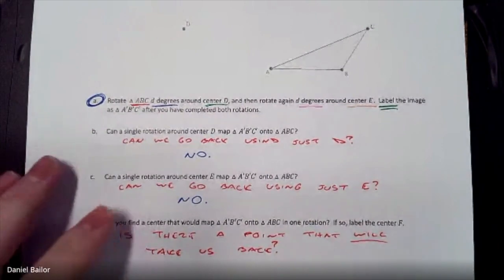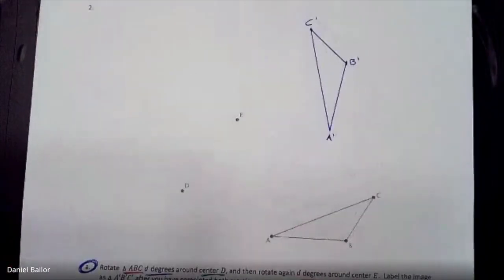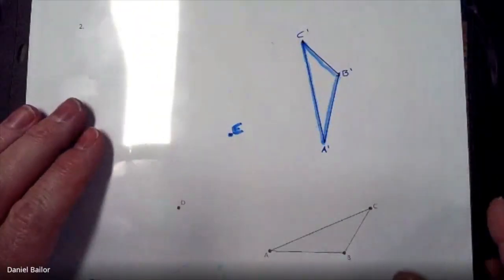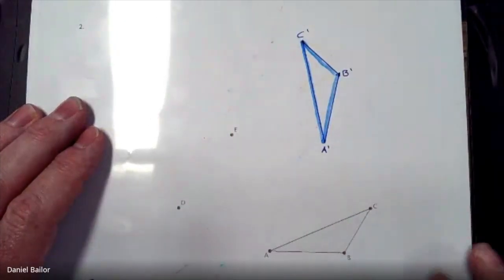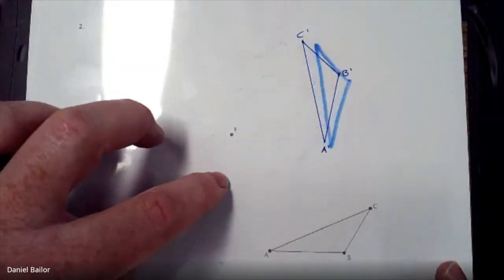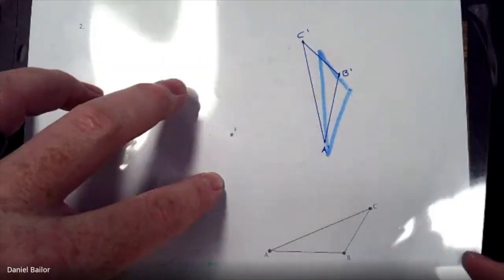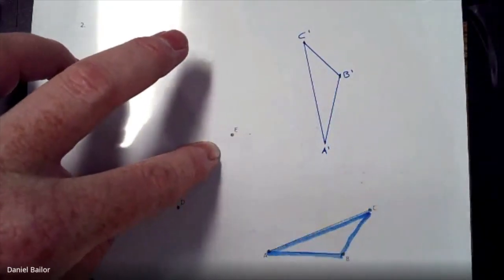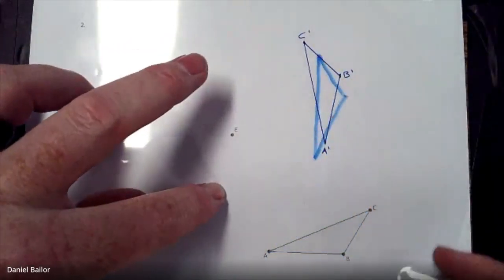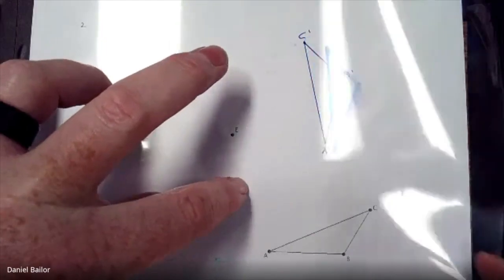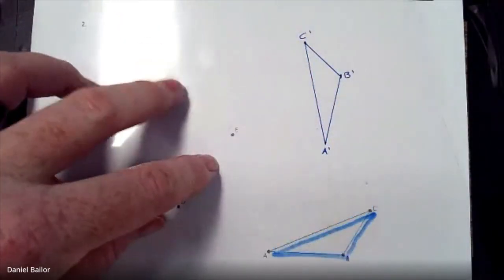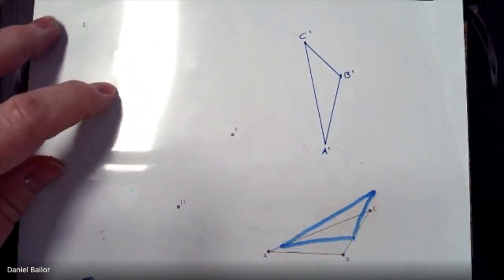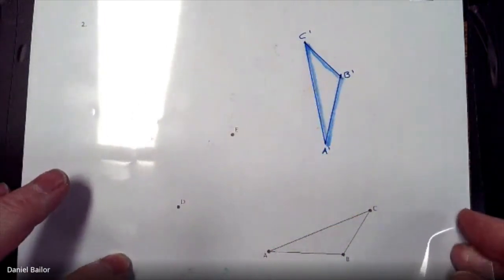This might be a fun thing to explore with your transparency. Just erase both D and E and see, how do we get back? Like, which point will take us back? And this might be a fun thing to do, to try to spin and see.